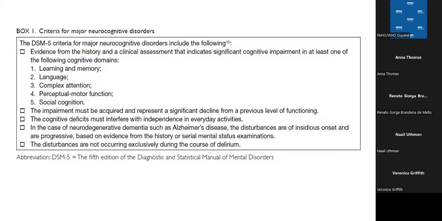Here are the major criteria for neurocognitive disorders.